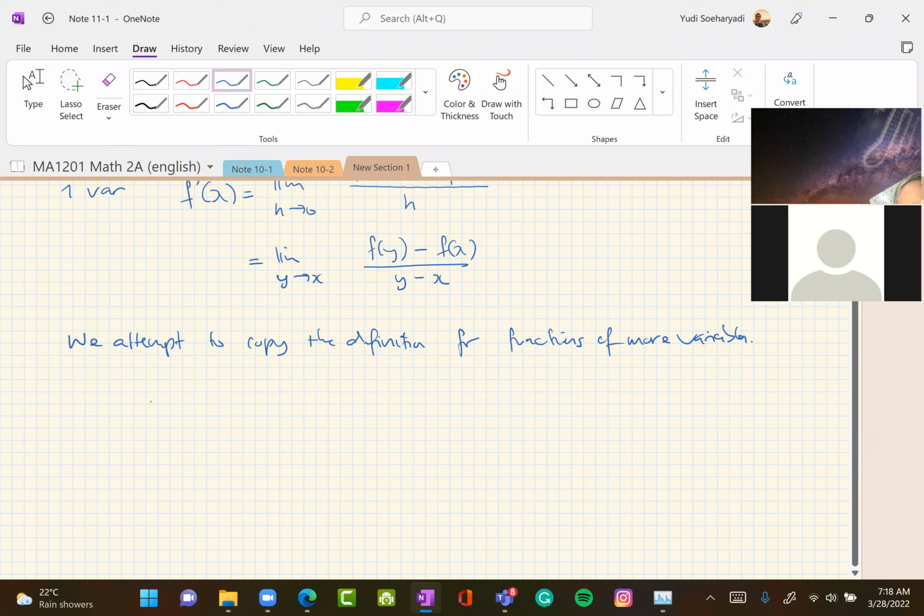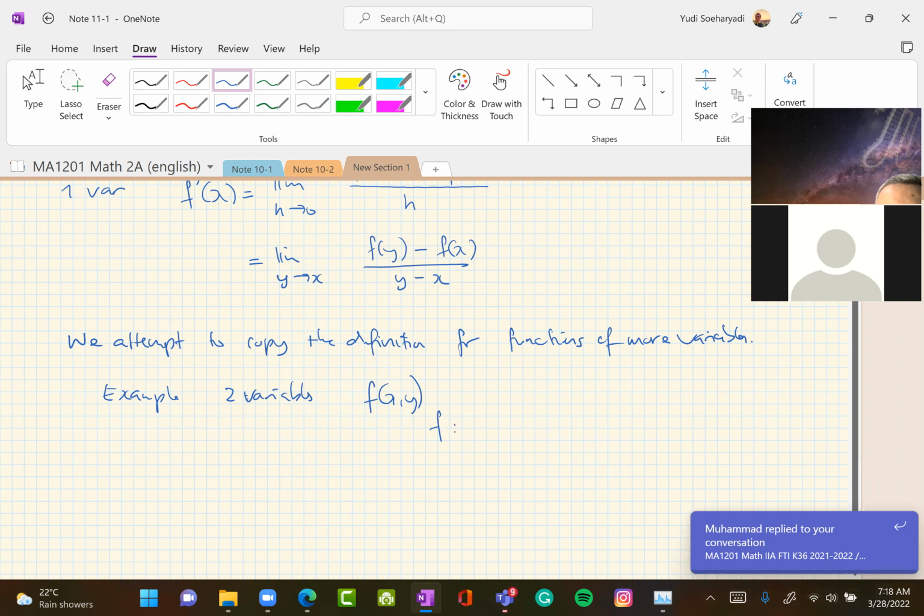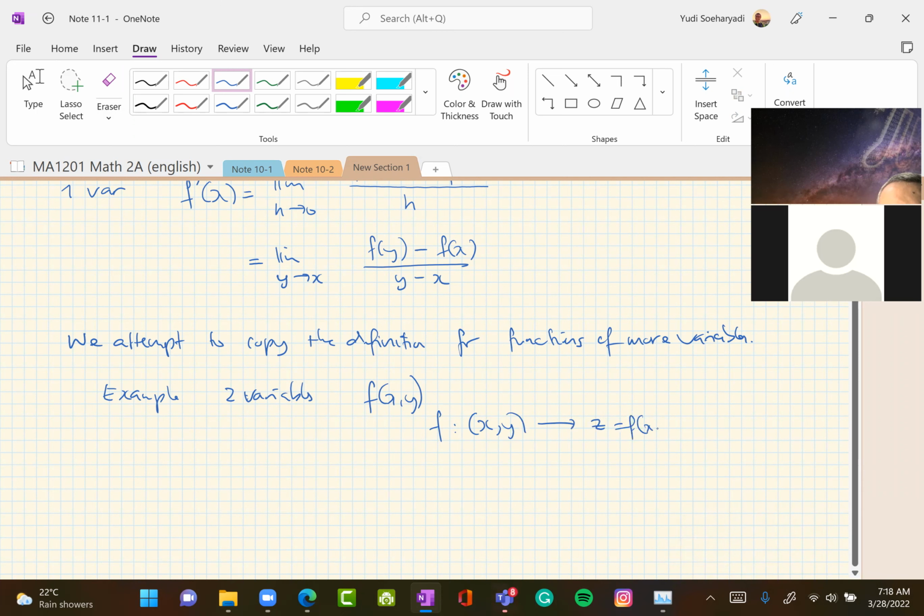So let's see. For example, take two variables. You can say this is f sending a pair to a function called z, f of x, y.